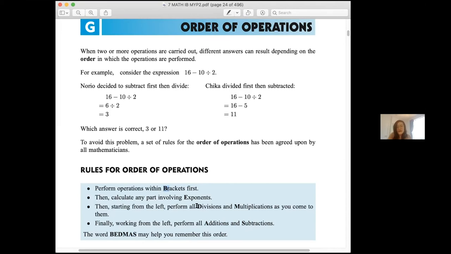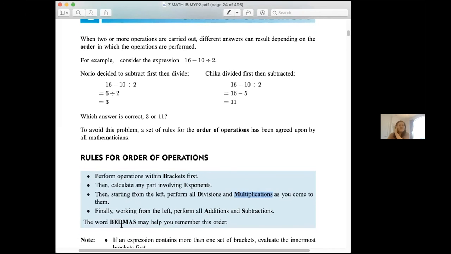Step 3, all divisions and multiplications from left to right, but if you can apply the commutative or associative rule, you can do it here for multiplications. And last, you do addition and subtractions. So 4 steps: bracket, exponents, division and multiplication, addition and subtraction. We call this BEDMAS.